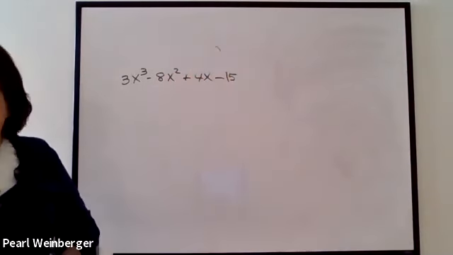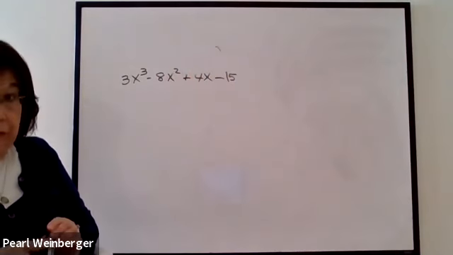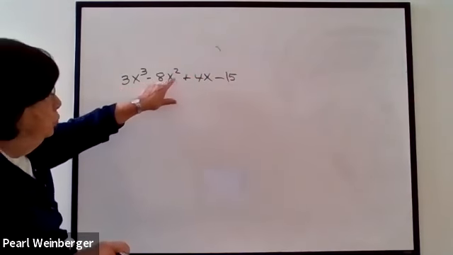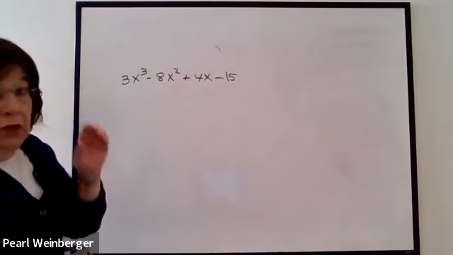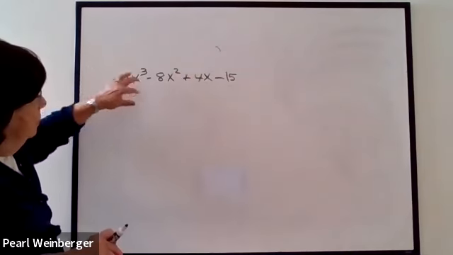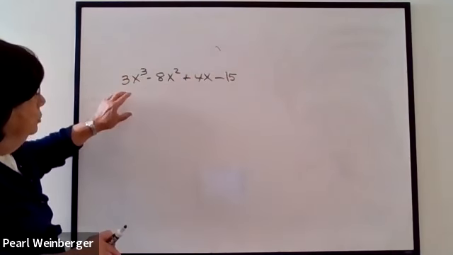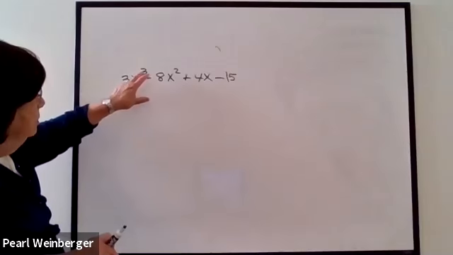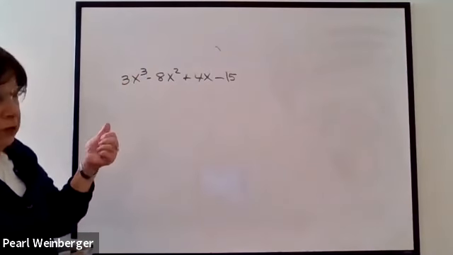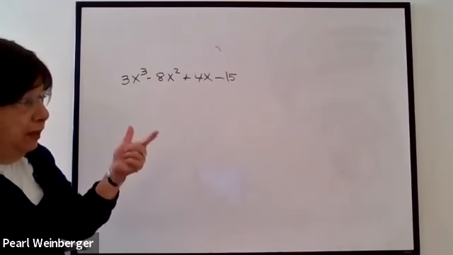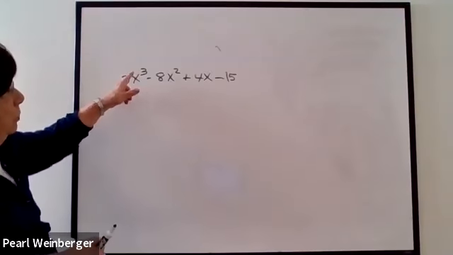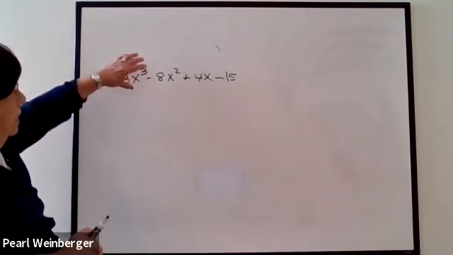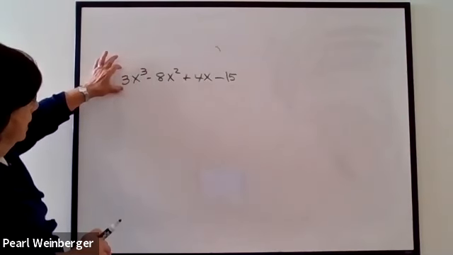If we look at this algebraic expression, we'll see that we have a total of 1, 2, 3, 4 terms. A term is something where everything is connected with the operation of multiplication. For example, my first term is 3x to the third, which merely means that you're taking 3 and multiplying it by x, and x. Remember, exponents are just a quick way of writing a multiplication. This first term is 3x cubed.